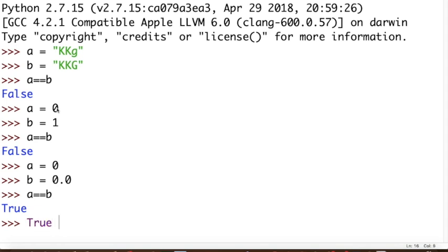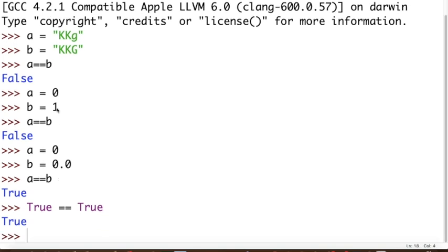Now next, let us come to the next question. True is equal to true. As expected, it is giving true because a true is always equal to a true. We are comparing two truth values, and hence the result is also true. Now let us compare true equal to false. As expected, these are two different Boolean values, one being true and another being false, and they are not equal.